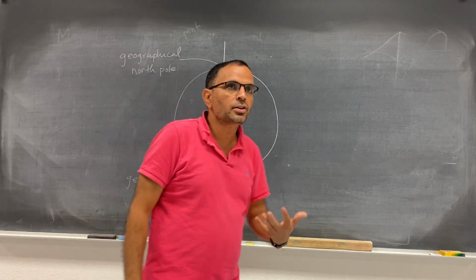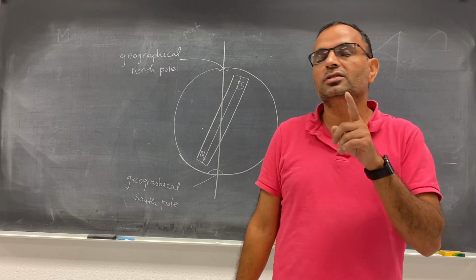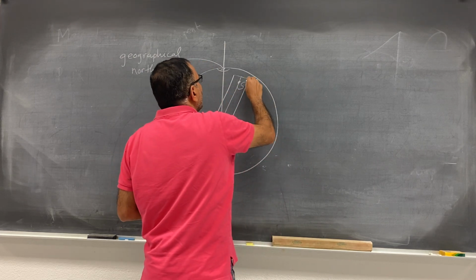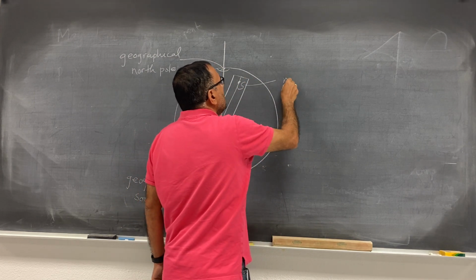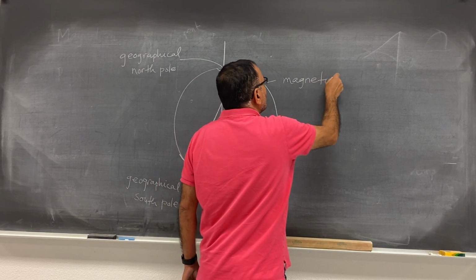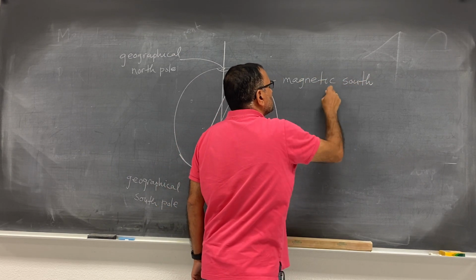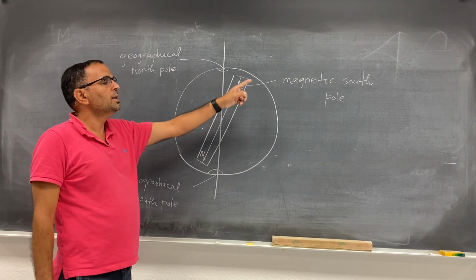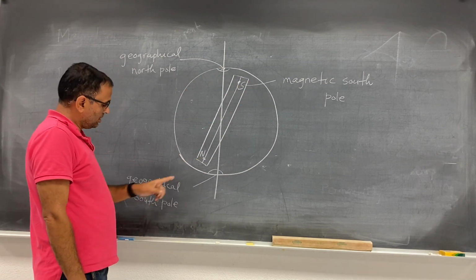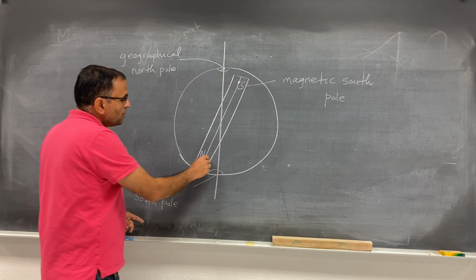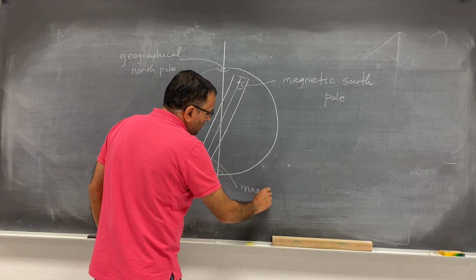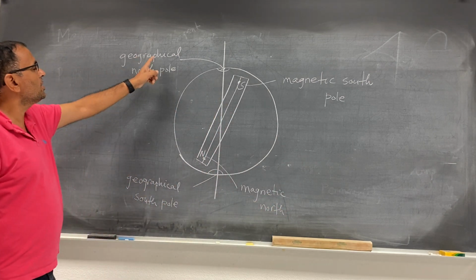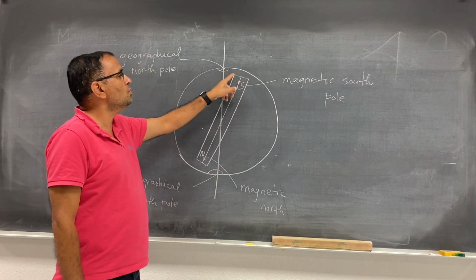So near the geographical north pole, the magnet has a magnetic south pole, and near the geographical south pole you have a magnetic north pole.